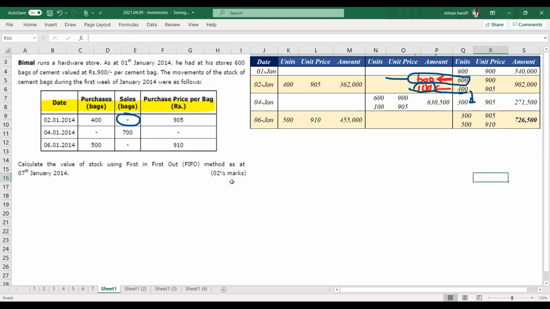Calculate the value of stock using first in first out method. Value of the stock is 726,500. Okay.